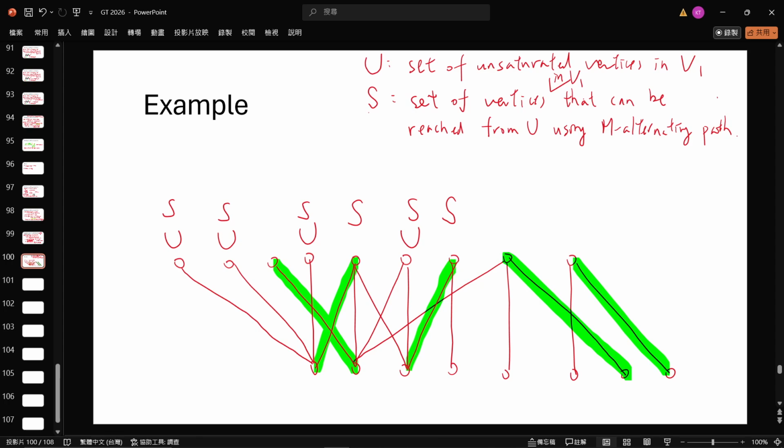So this is S, and T is defined in a similar way, but now it's the vertices in the bottom, okay?